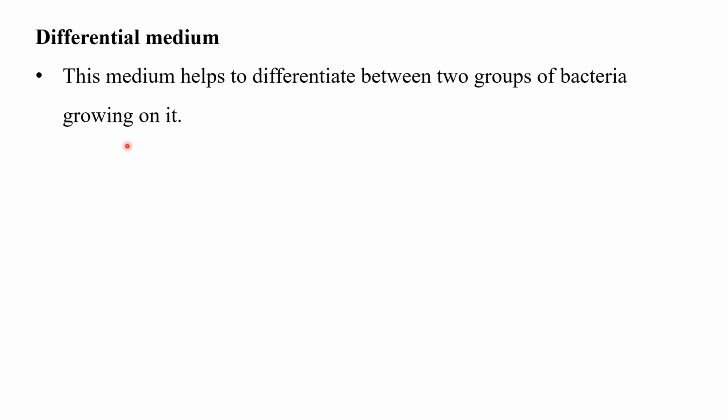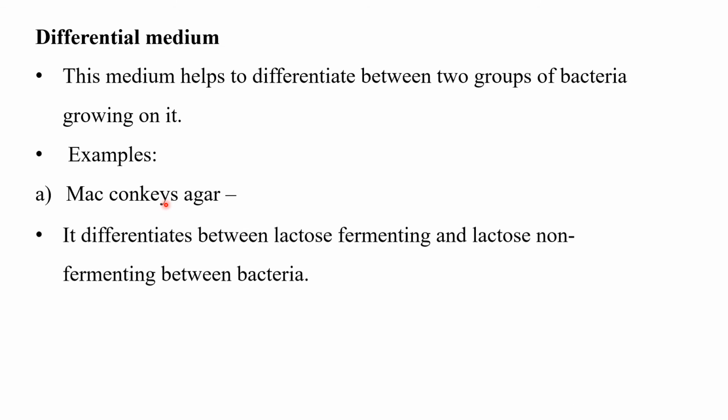Next one is the differential medium. Now, such a type of the medium can be used for differentiation between two groups of bacteria. An example of such a kind of the differential medium is MacConkey's agar.